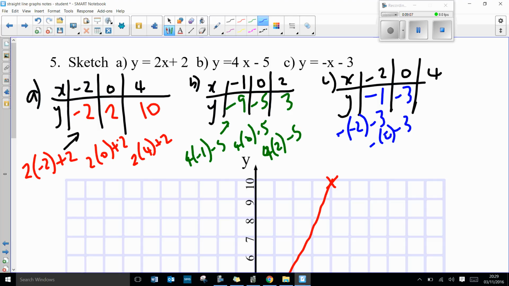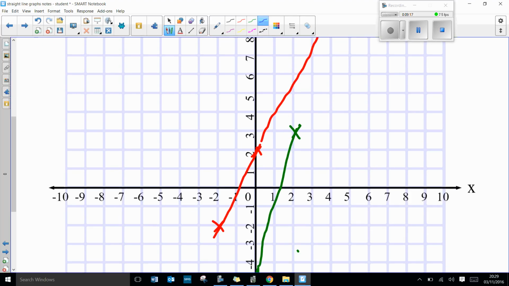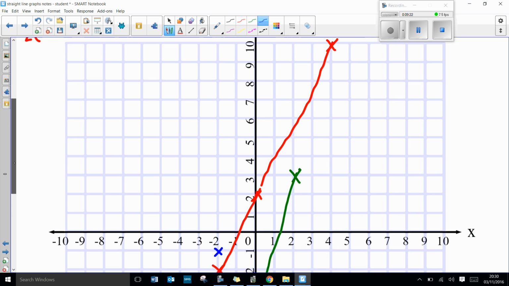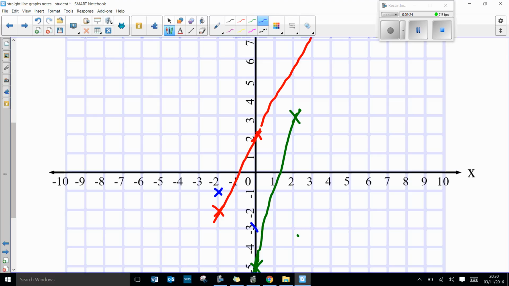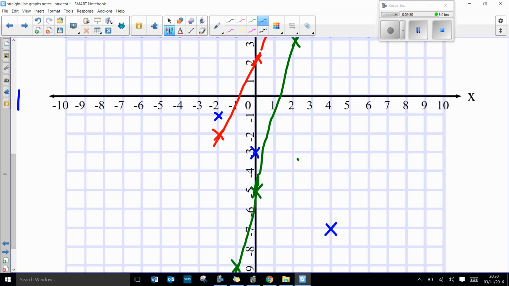And negative 4 minus 3 is negative 7. So 2, negative 1, 0, negative 3, and 4, negative 7. And there we go.